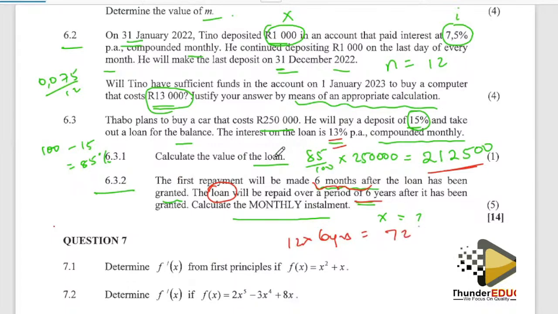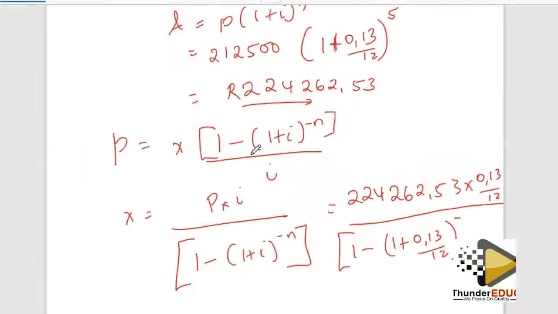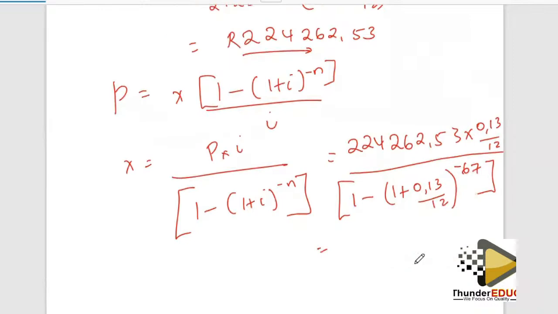But we've already moved some months. Actually, not 6, but 5. We moved 5 months, which means we are only left with 67 months. So negative 67. Then I'll punch this into the calculator.